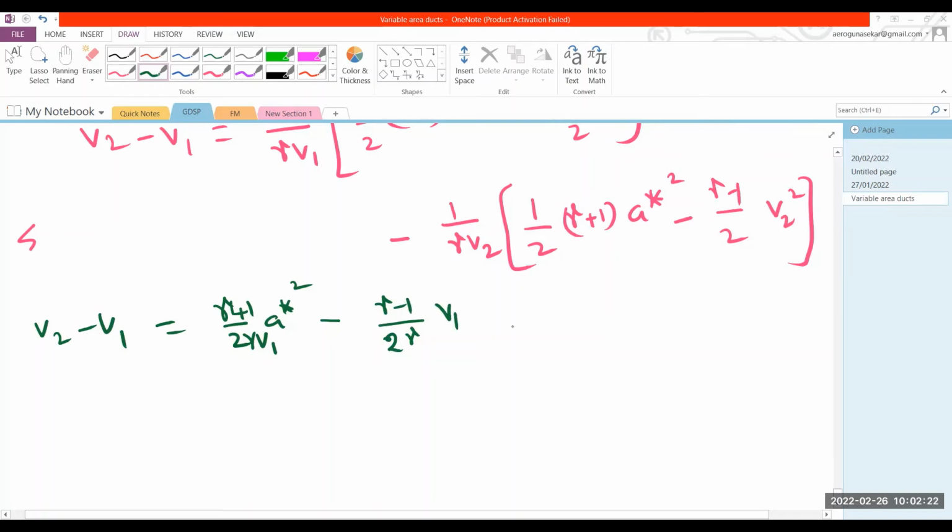Because there is a v1 square and then a v1, one v1 will get cancelled out, remaining v1.